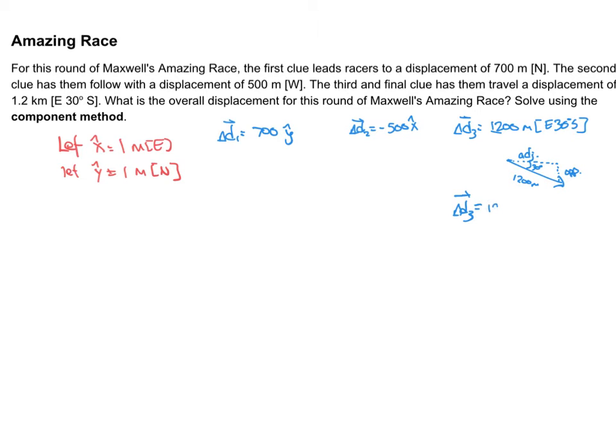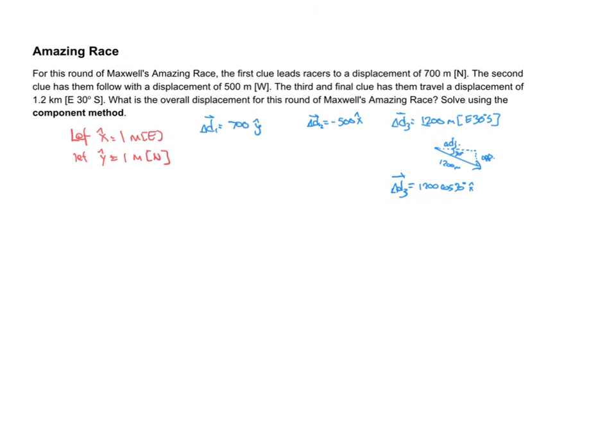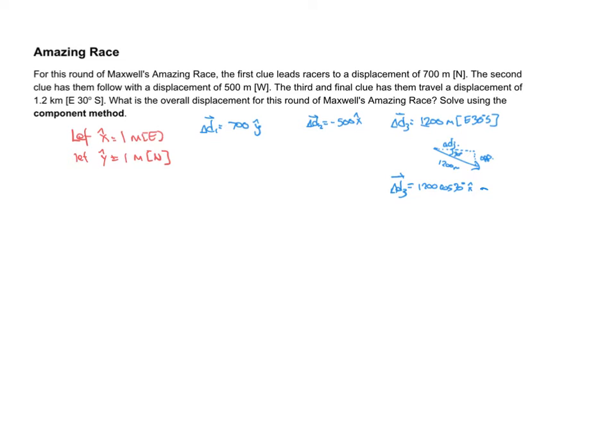So it's going to be 1,200 cosine 30 degrees x hat. And then the y component, we'll use sine. So it's going to be negative because it is going downwards, and positive y was defined as north. So let me change that to minus.